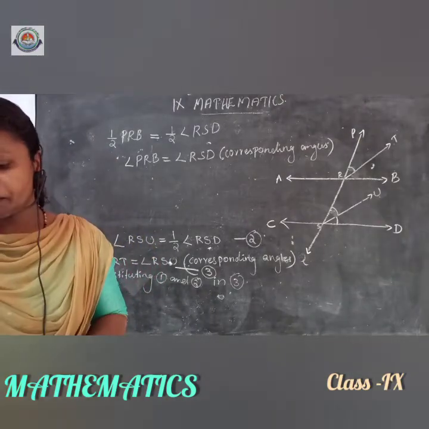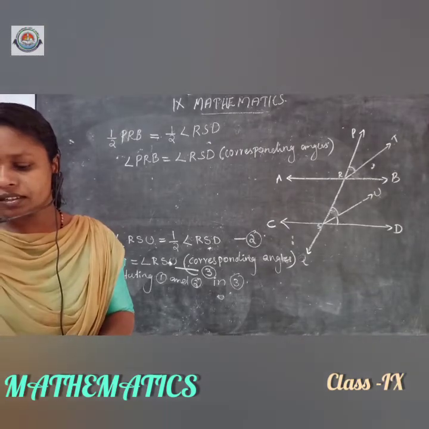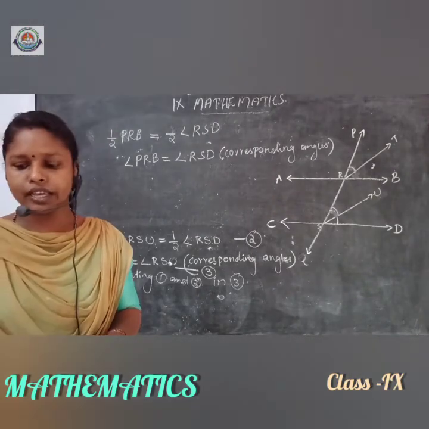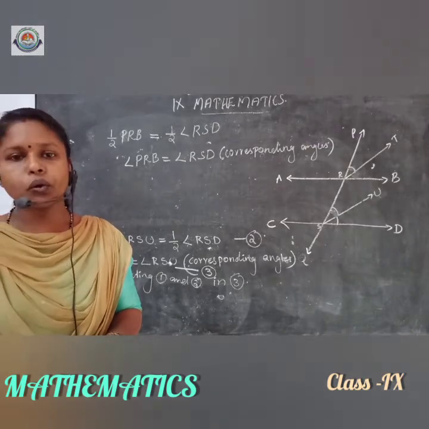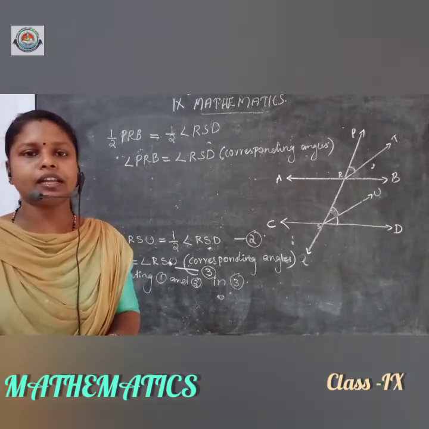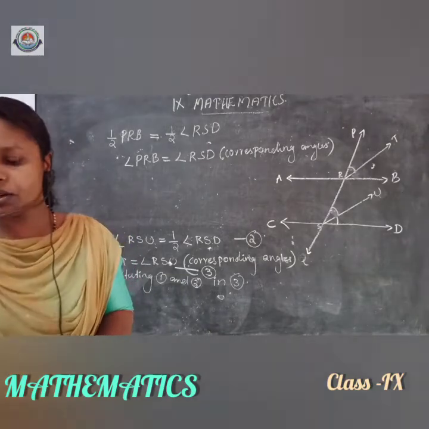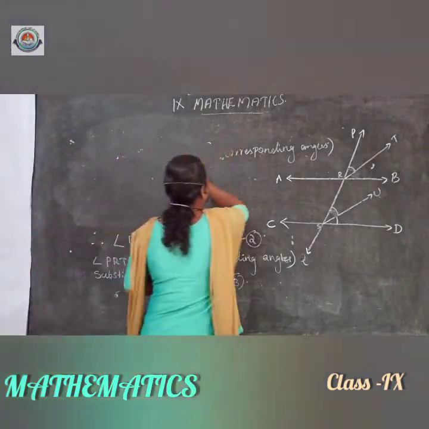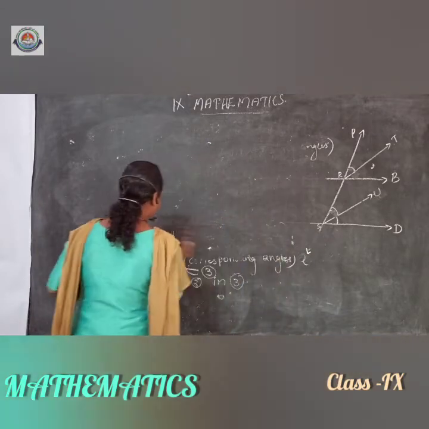That is, in the figure, find the value of x and y and then show that AB is parallel to CD. A simple question. First question from exercise 6.2.